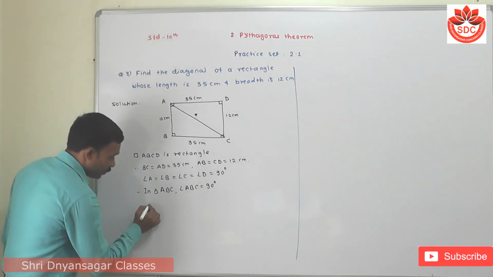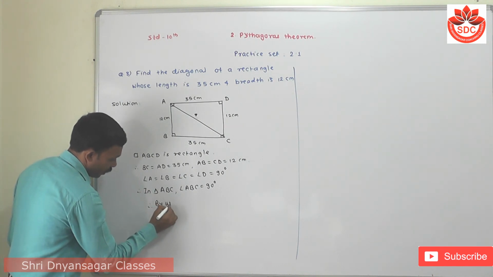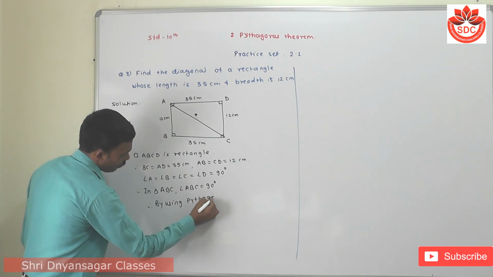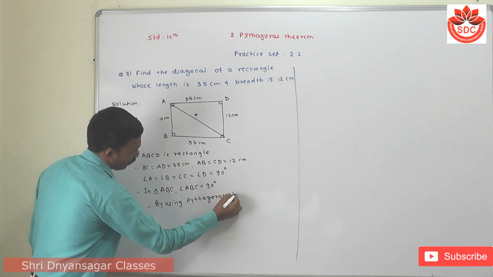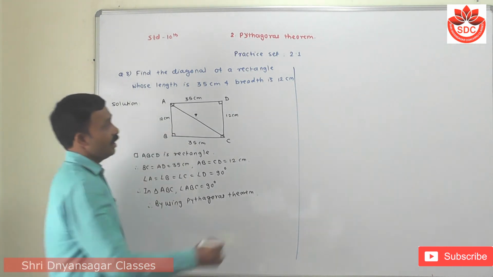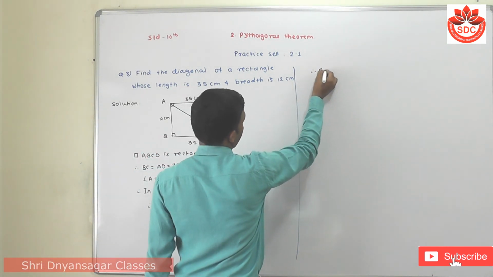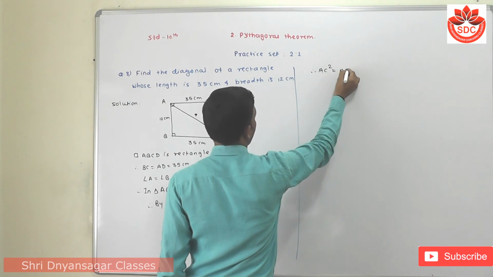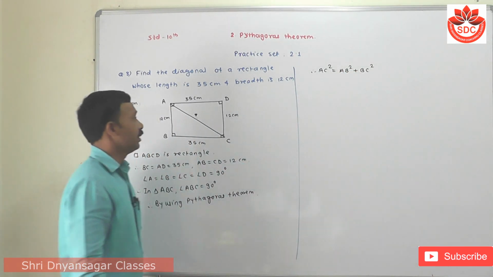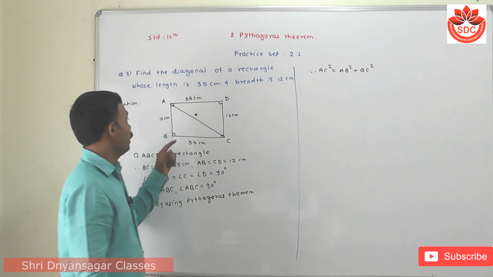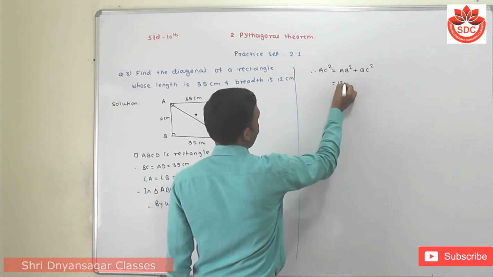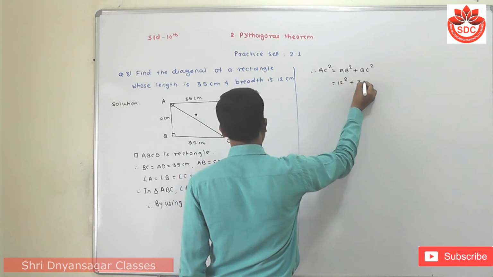Then by using the Pythagoras theorem, the hypotenuse is AC, so I write AC square is equal to AB square plus BC square. Then substitute the values. AB is 12 here, so 12 square, plus BC, which is how much?